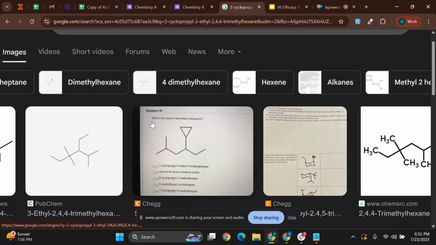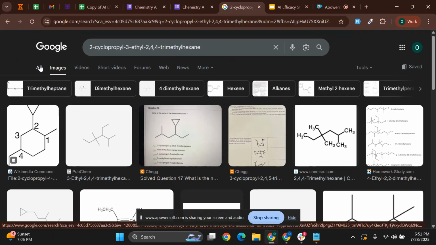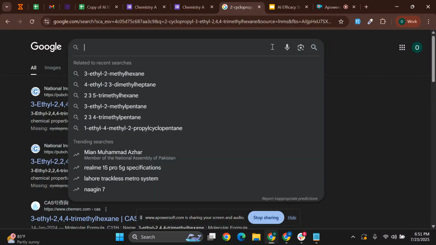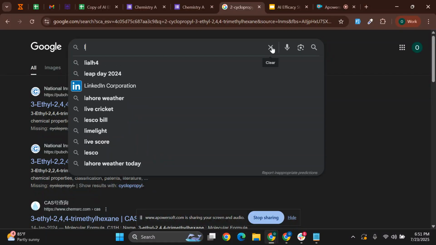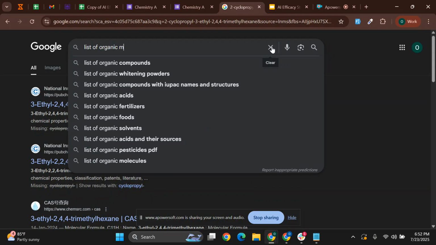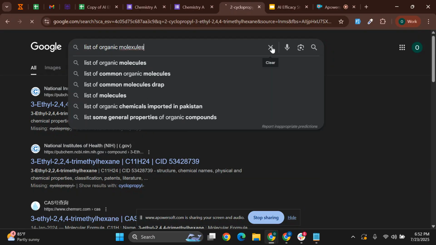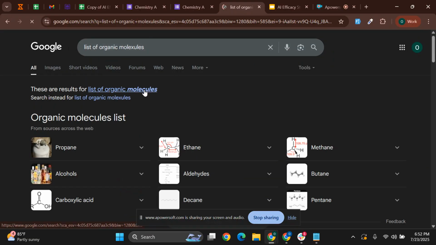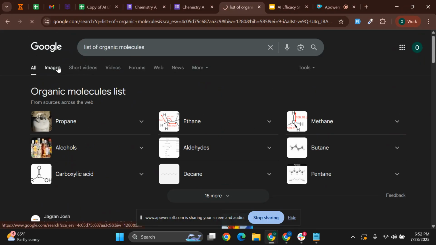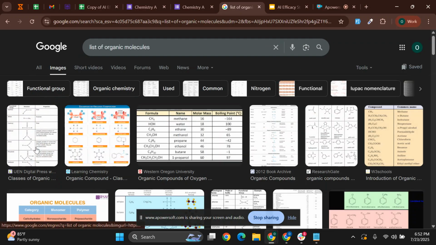So first of all, let's check the list of organic molecules. How can I get the list? We'll go with images.